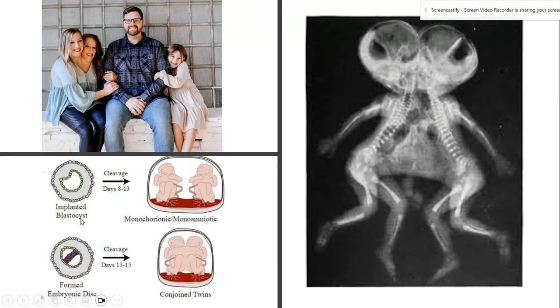Alright, implanted blastocyst, cleavage days 8-13, monochorionic, monoamniotic, formed embryonic disc, cleavage disc 13-15, conjoined twins. So these are conjoined twins, these are monoamniotic, they're different. As you can see here, they are conjoined.